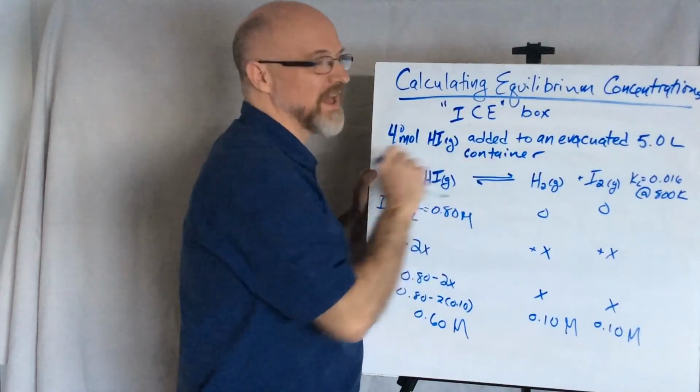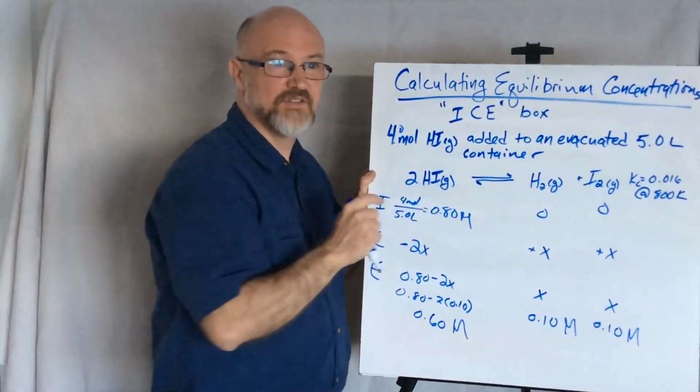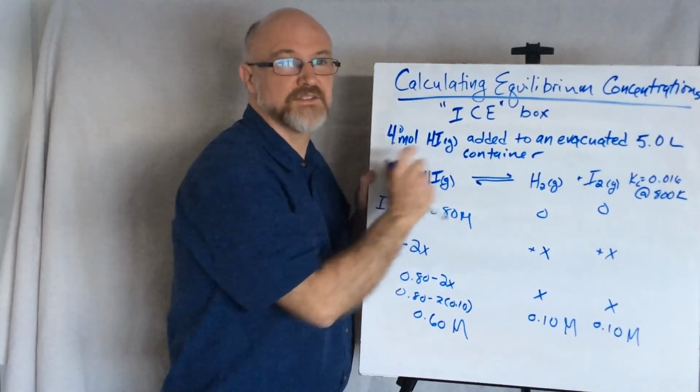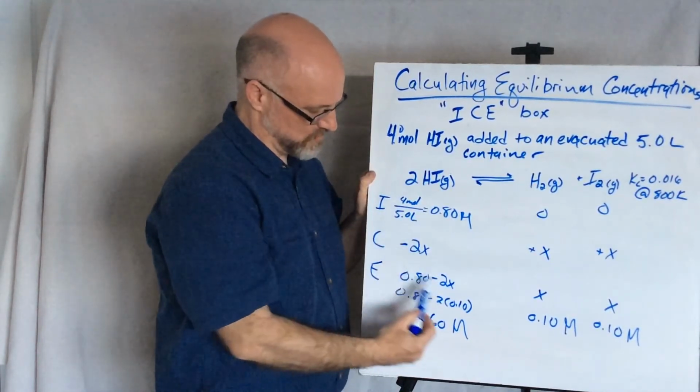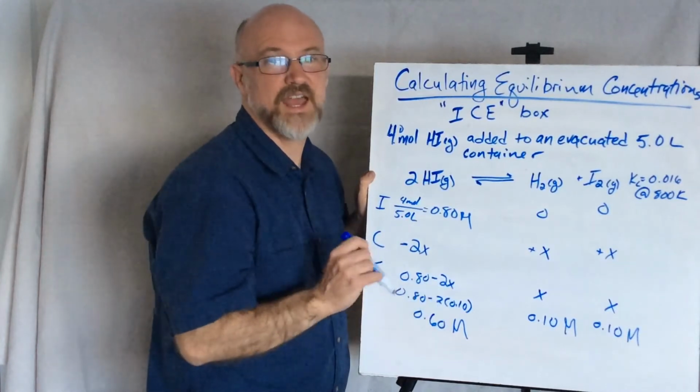If the K value is low, if only a small amount of reactant turns into product, a lot of times we can ignore the impact of the x.